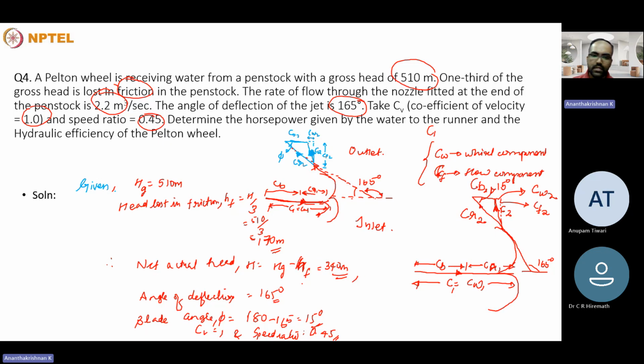So root of 2gh, by the conversion of head to velocity, is one way in which we can get the velocity at the exit of a nozzle or the actual velocity at the inlet of the blade. There is a coefficient of velocity associated with it. Since the coefficient of velocity Cv is equal to 1, we can take it straight away.